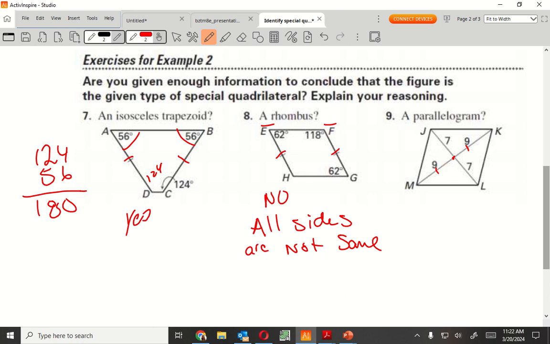So right here, the M to K is being bisected. It's cut in half. So 9 and 9, those are the same. 7 and 7, those are also the same. So because of that, we could say that's going to be a parallelogram. So that one is a parallelogram.